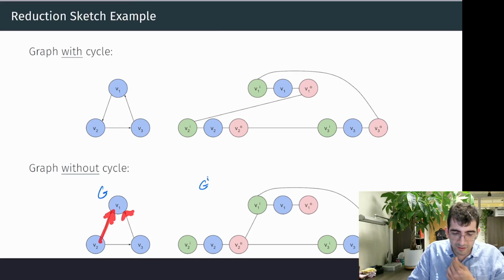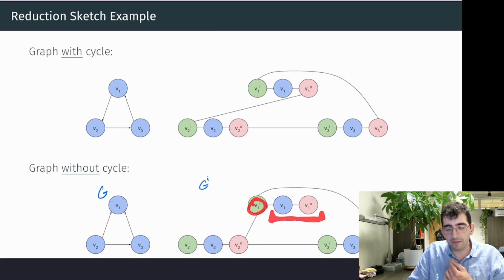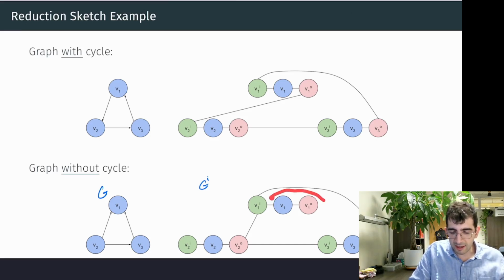And because we have edges that go to the same node, they go into the input version of the node, and that leaves the middle and output nodes completely uncovered, unable to exist in a Hamiltonian cycle, because these are dangling. Okay? So that's how we could go from directed to undirected Hamiltonian cycle.